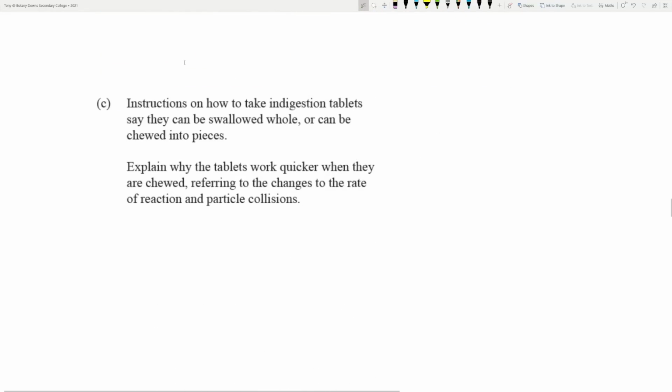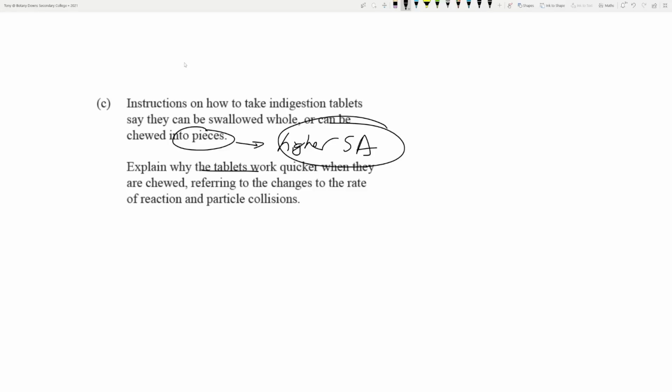Okay, now look at C. The ingredient can be swallowed whole or can be chewed into pieces. I'm explaining why. Into pieces means higher surface area, and when you have higher surface area, that means more of the particles will be exposed and readily available to react. Therefore, they're going to have a higher rate of reaction.